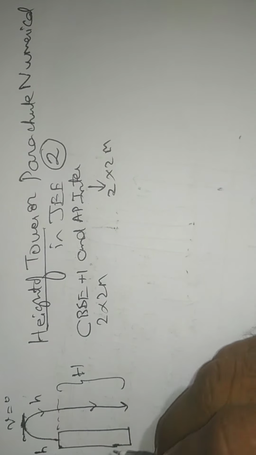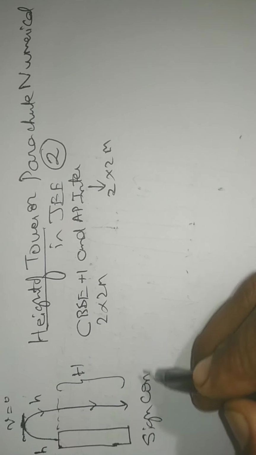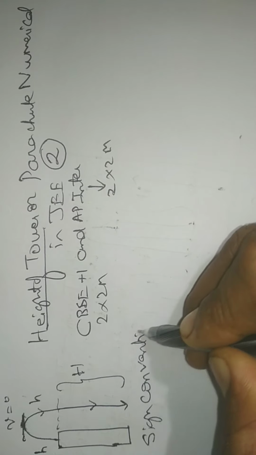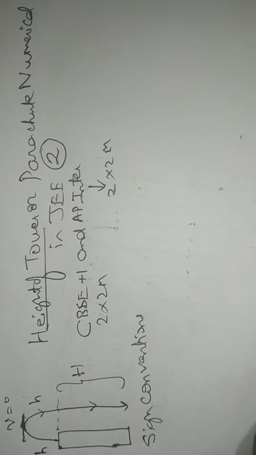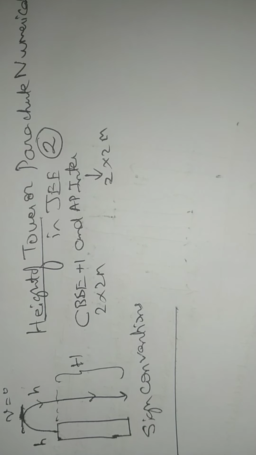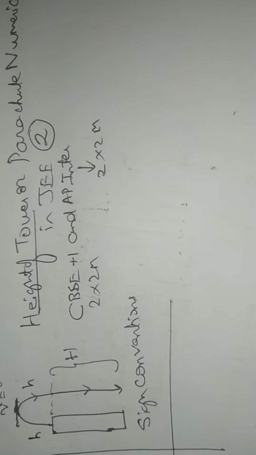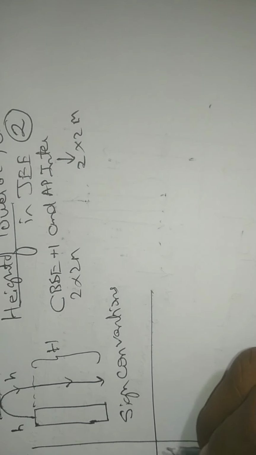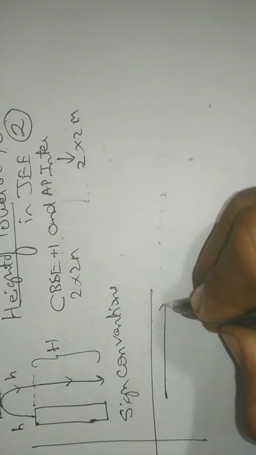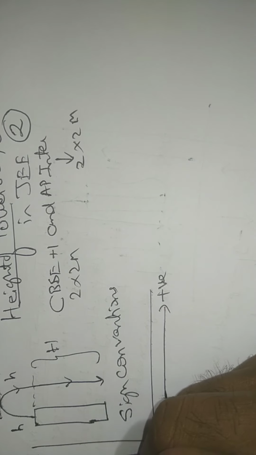Here we need to use sign conventions. What are sign conventions? First you have to draw the x-axis and y-axis. It means that the x-axis is positive from left to right, and the y-axis is positive from down to up.